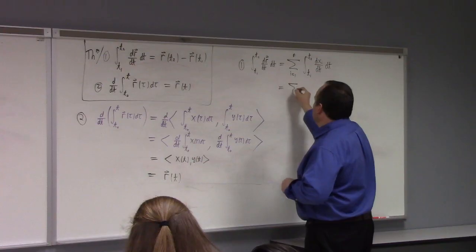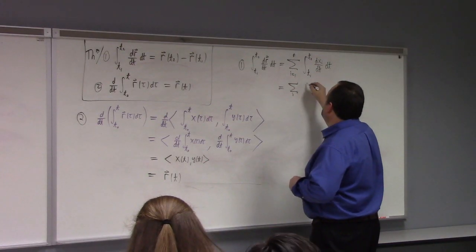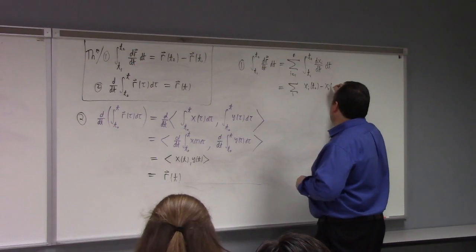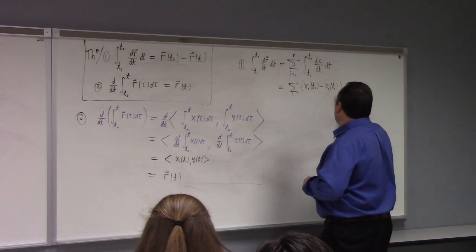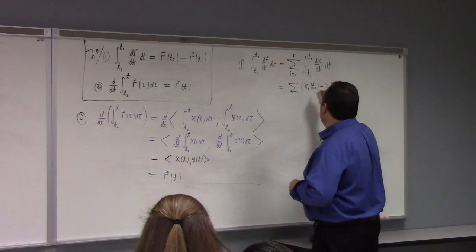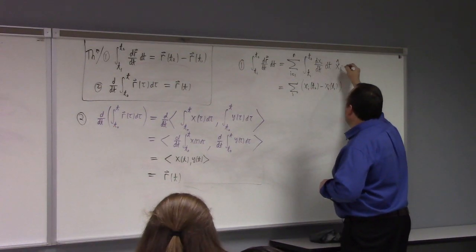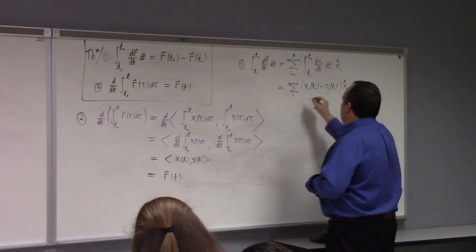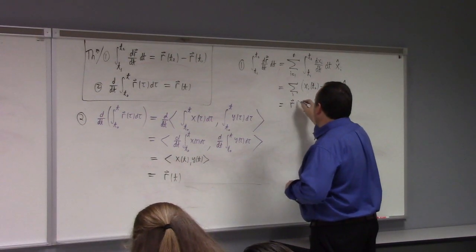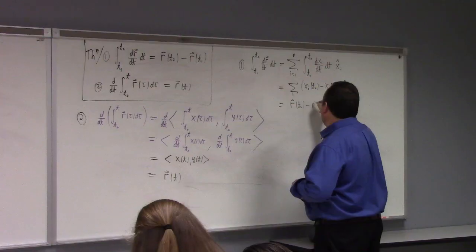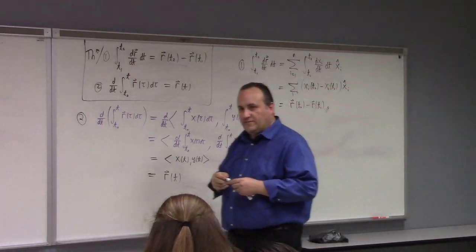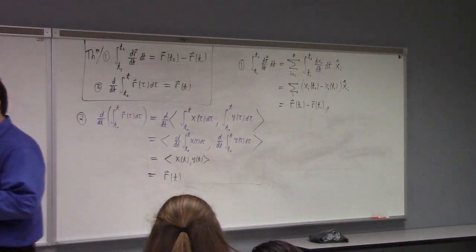But that is the sum over i of x sub i of t2 minus x sub i of t1, by the fundamental theorem of calculus, the regular one. I missed my x hat i out here. And that rewritten is exactly r of t2 minus r of t1. So there you go. We have FTC 1 and 2 for vectors as well.